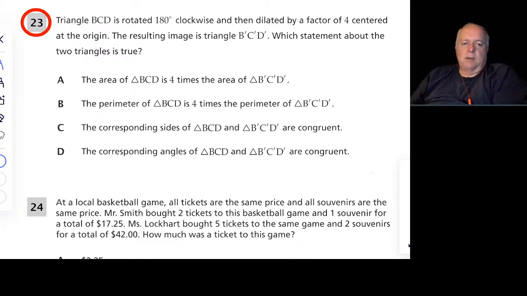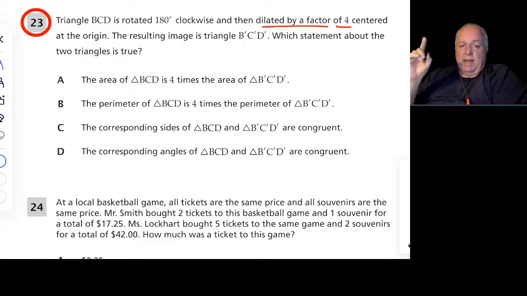Okay, so there's a lot of words going on here, and I'm seeing things about triangles. Triangle BCD is rotated 180 degrees clockwise, and then dilated by a factor of 4. That means it's going to get larger, centered at the origin. The resulting image is triangle B prime, C prime, D prime.